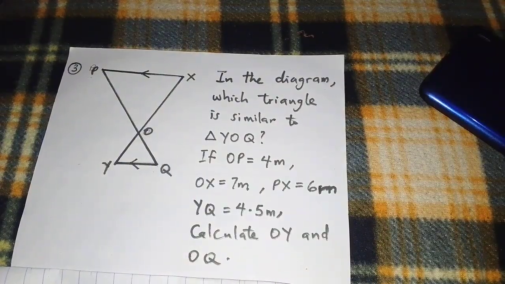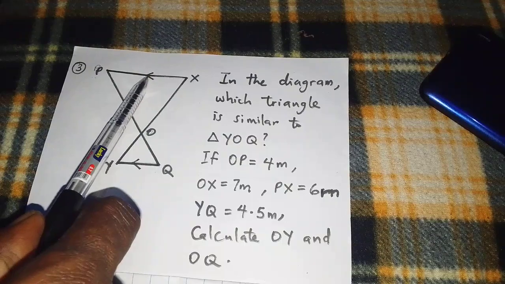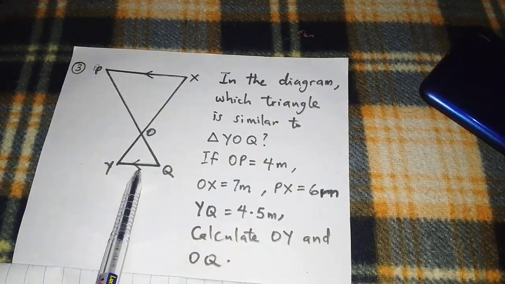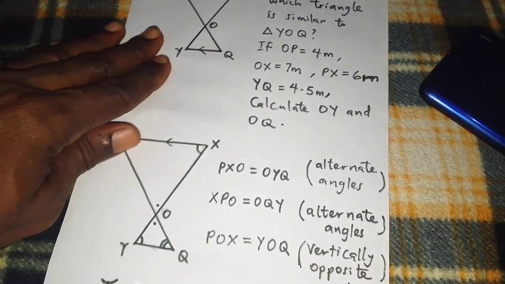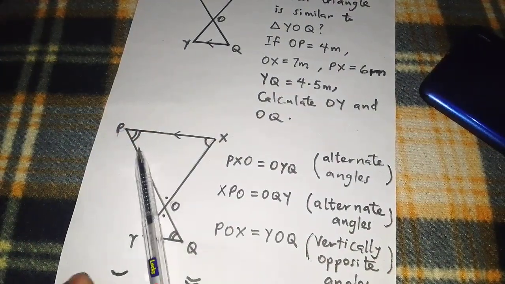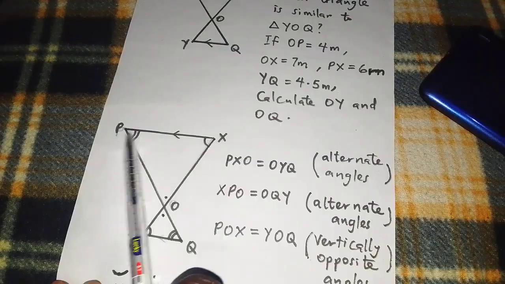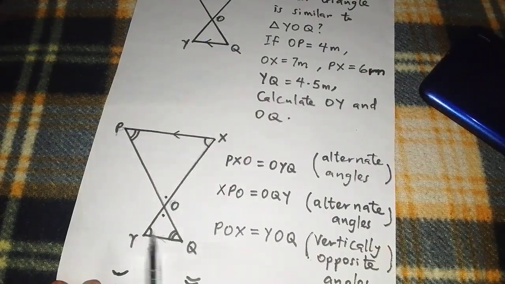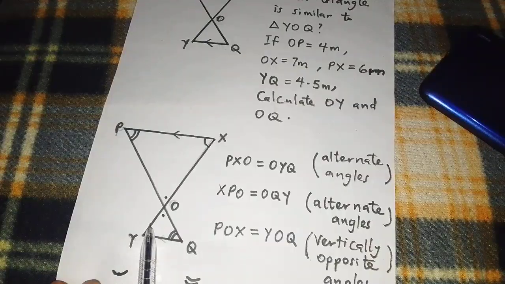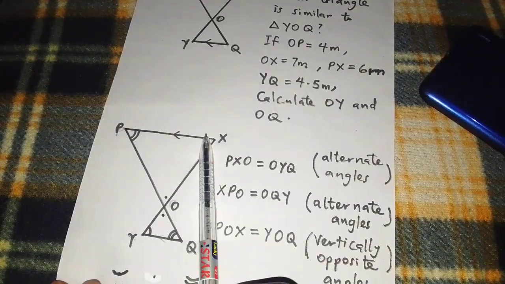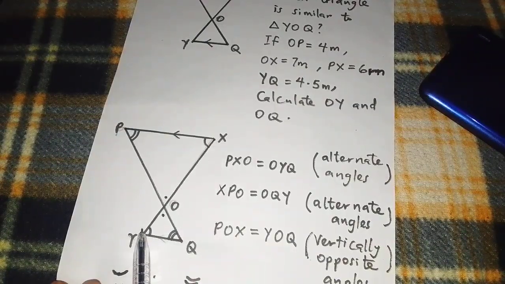Now first of all, since you are told from this information that this line is parallel to this, if you draw the triangle, these two triangles this way, you will realize that the angle here and this angle here are going to be equal because they are alternate angles.